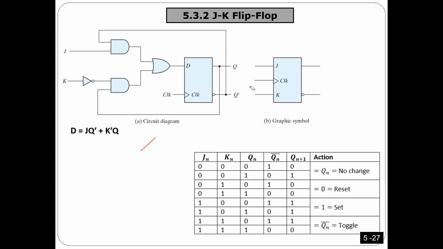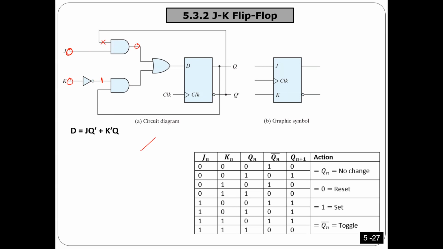Let's start case by case. For example, if I put 0, 0, I told you 0, 0 means no change. Let's see. If this one is 0, then regardless of what you have here, I'm going to have 0. Makes sense, right? And this one is 0, so this one is 1.